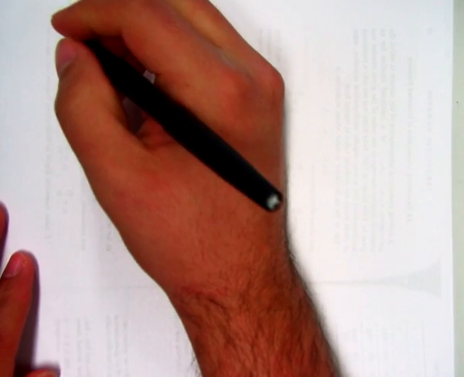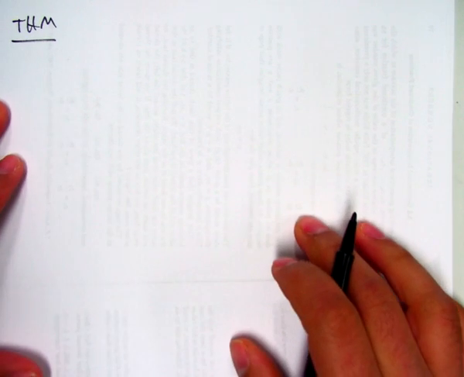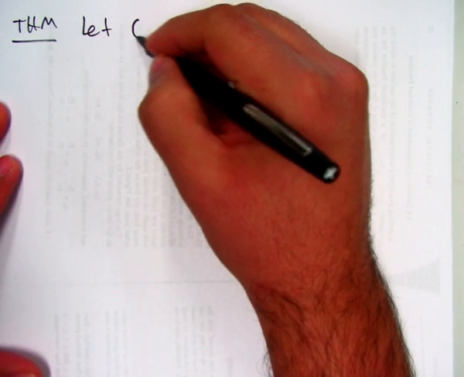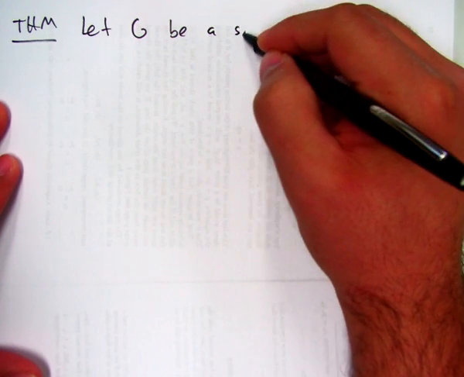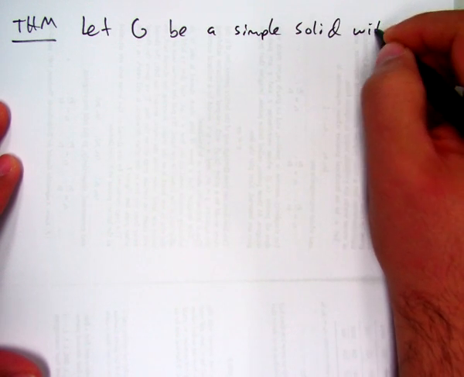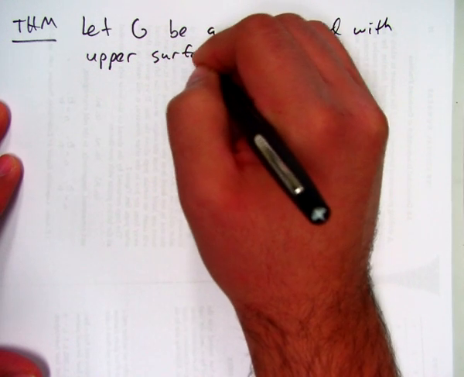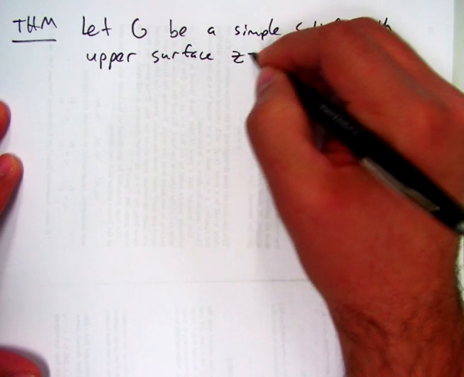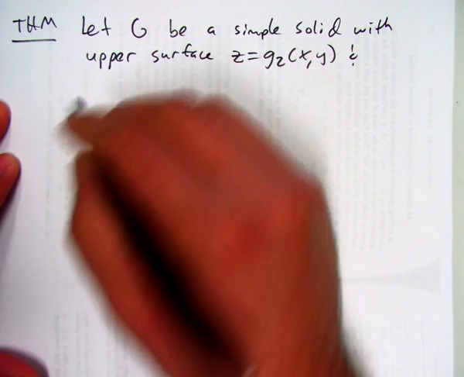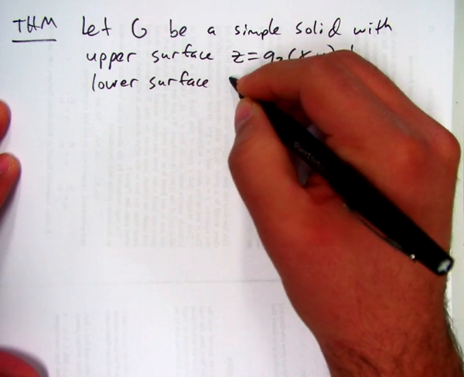Okay. Theorem. Let G be a simple solid with upper surface z equals g2 of xy, and lower surface z equals g1 of xy.